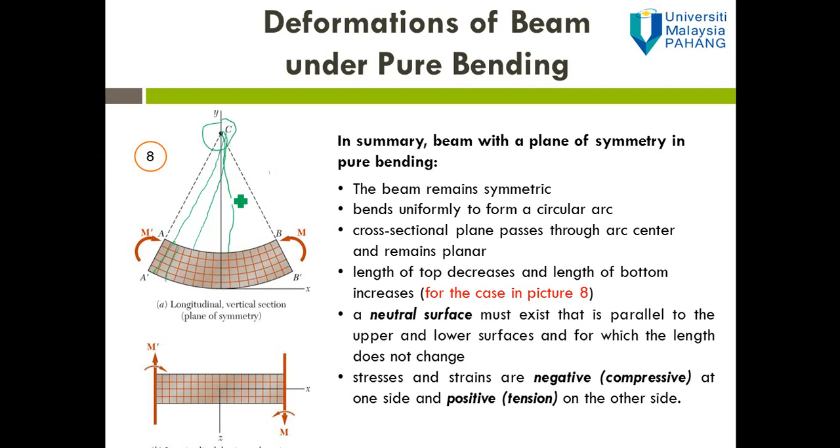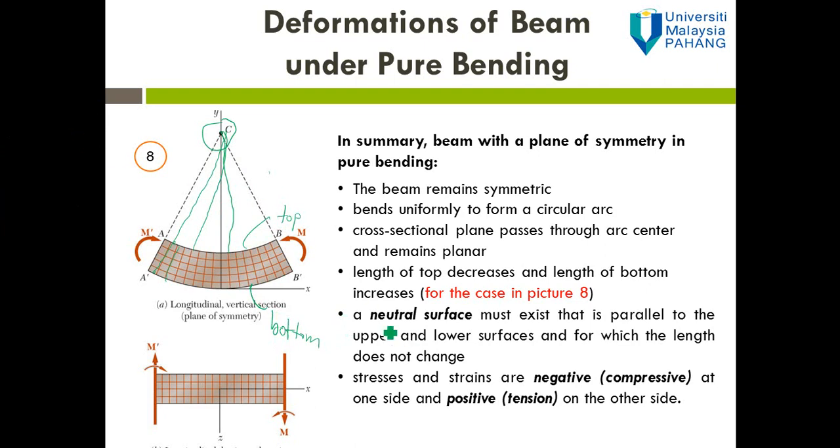The length of the top surface will decrease and the length of the bottom surface will increase, as shown in picture 8. That is the top surface and that is the bottom surface. And then a neutral surface or neutral axis must exist that is parallel to the upper and lower surfaces and for which the length does not change.